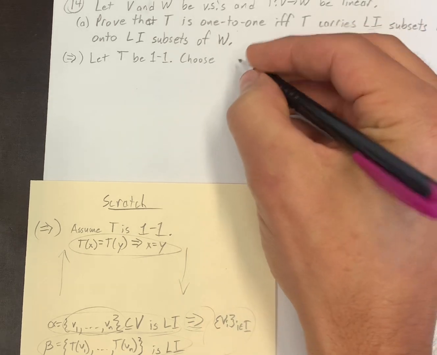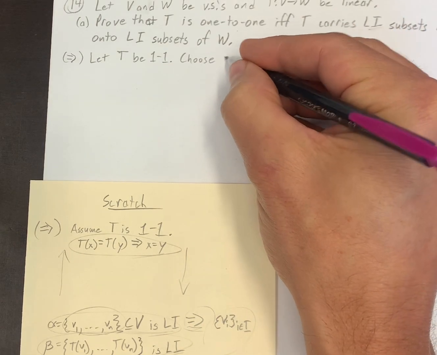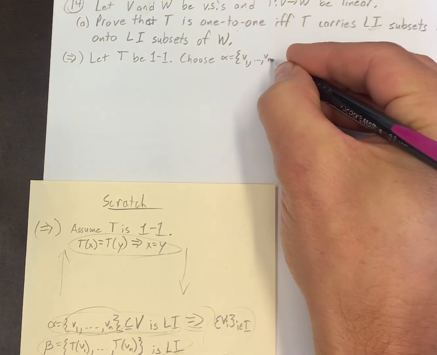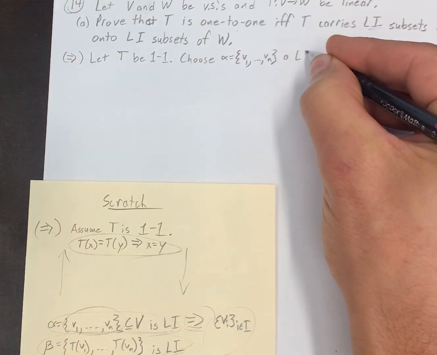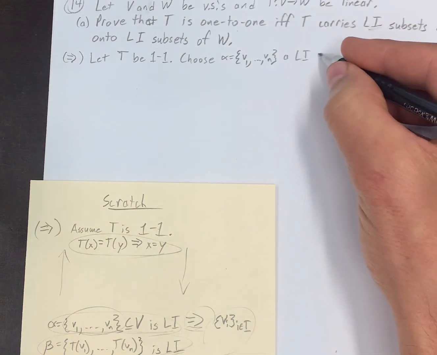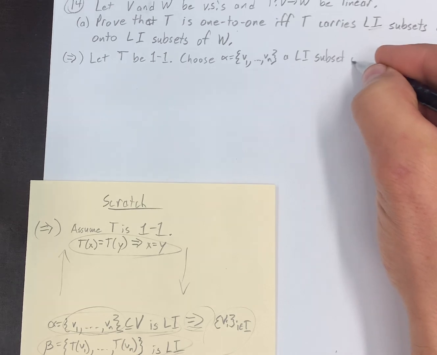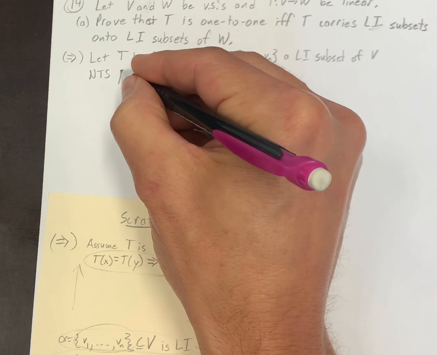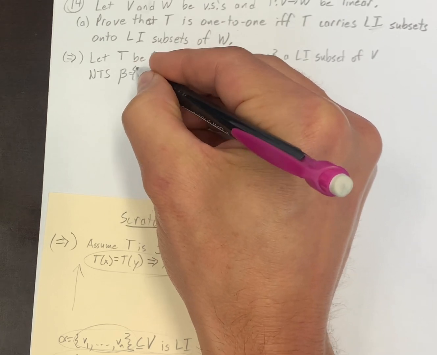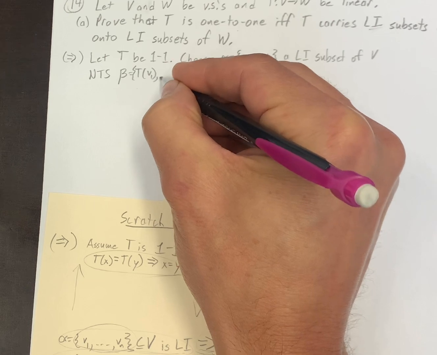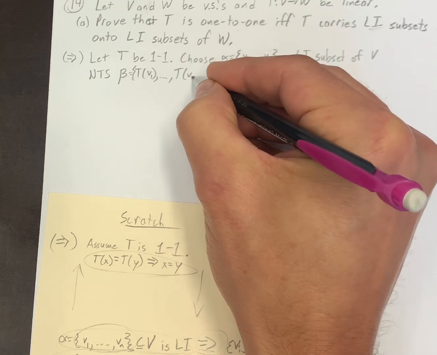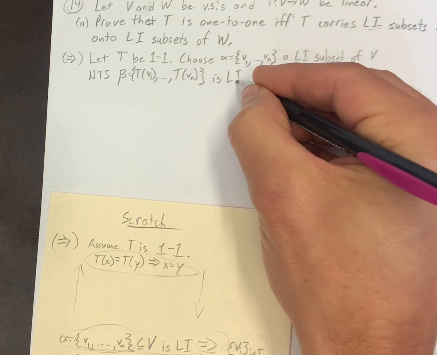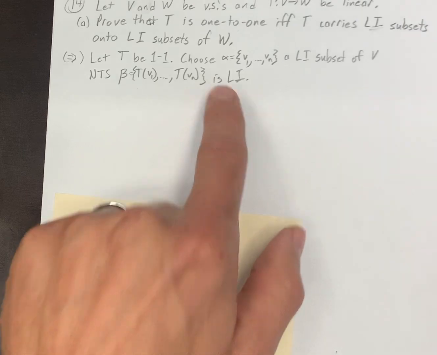Choose alpha equal to V1 to Vn, a linearly independent subset of V. We need to show that beta equals the set T of V1 up to T of Vn is linearly independent. Okay, when we get that, we're set.